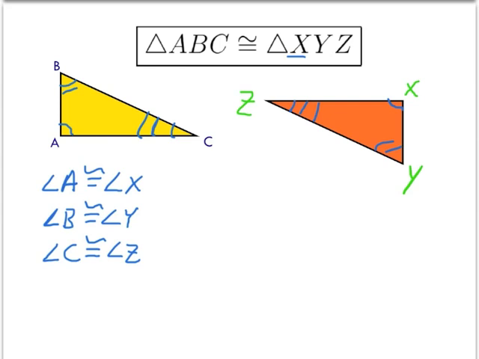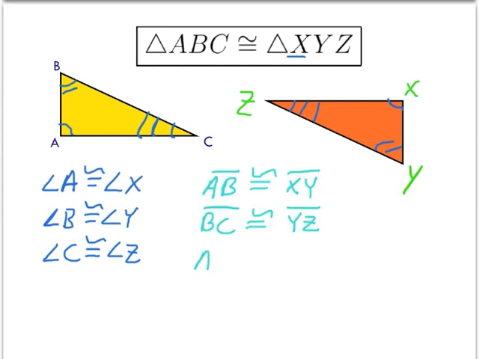So that deals with the angles. Also the sides are congruent. And AC congruent to XZ. So that means this side length is congruent to that side length. The hypotenuse is congruent to the other hypotenuse. And that long leg is congruent to that long leg.